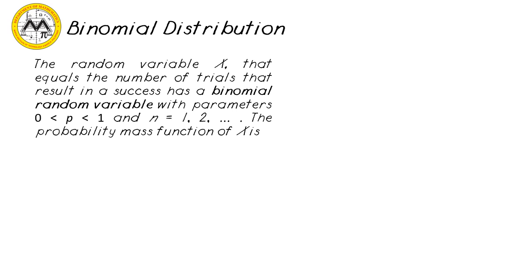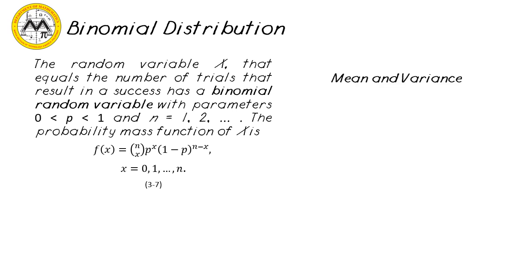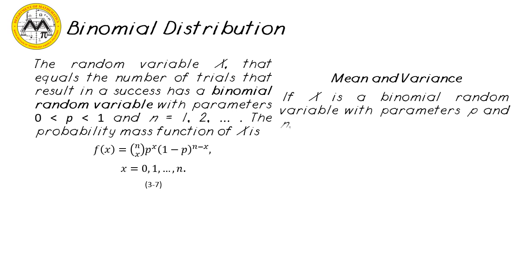The probability mass function of X is given by f(x) equals n combination x times p raised to x times (1 minus p) raised to n minus x, where x is from 0 to n. The mean and the variance: if X is a binomial random variable with the parameters p and n, the mean is np, while the variance is np times (1 minus p).